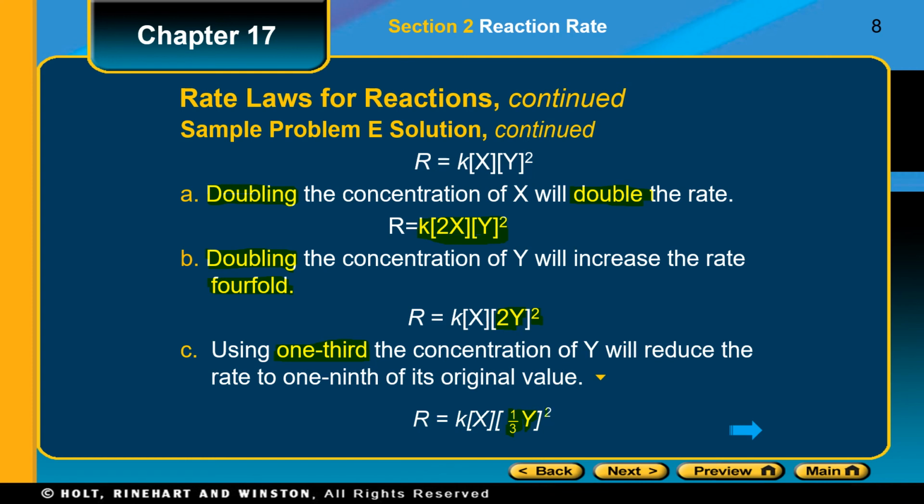And then we're going to square it. So when you square 1/3, that's the same thing as taking 1/3 times 1/3. And if you remember from math in fractions, this is going to be 1/9. So now I have 1/9 KXY squared. The rate now is 1/9 what it was before, because Y has been squared down here.